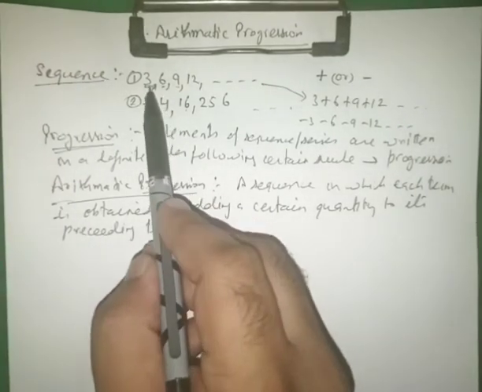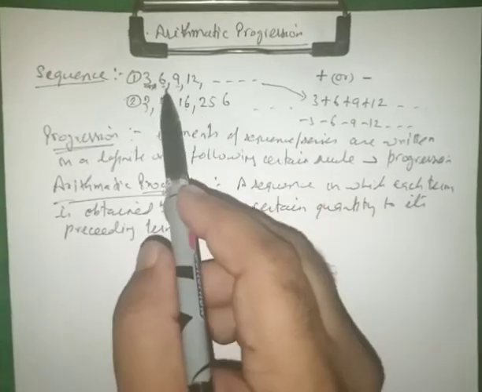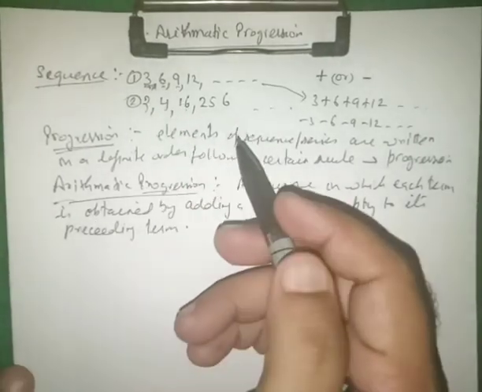The example I have already given: 3 plus 3 is 6, 6 plus 3 is 9 and so on. So this type of thing will be called the arithmetic progression.